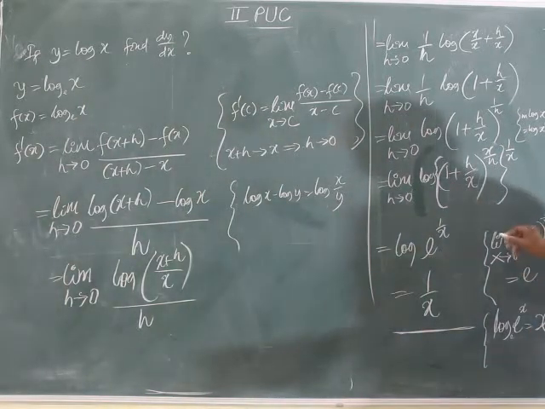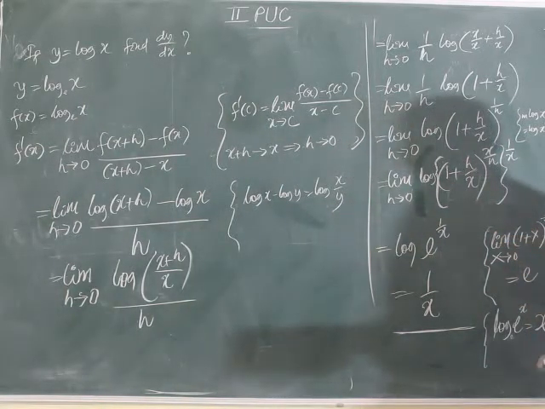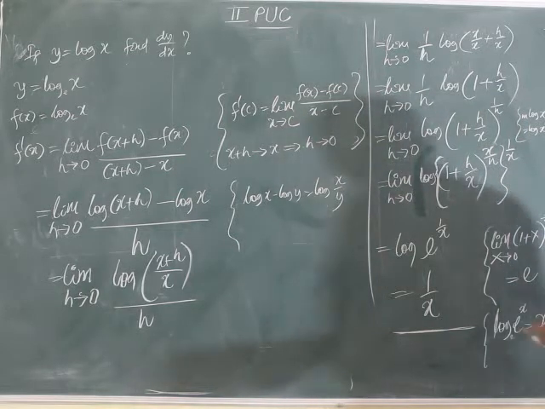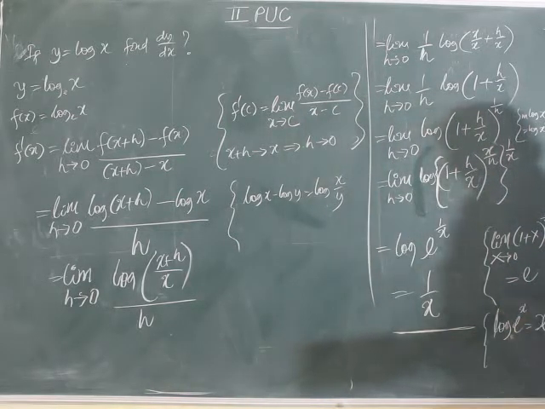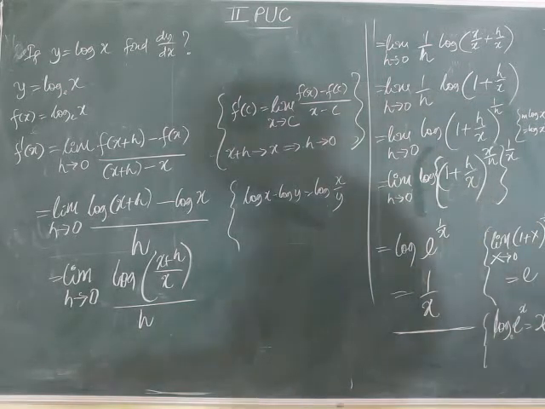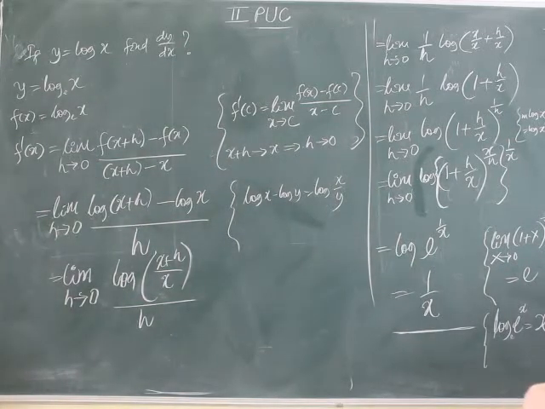Write all the used formulas on the right hand side carefully. Log of e to the power cancels, so x is the answer. e to the power log, there also it cancels, the answer is x, like that. It is there in the sixth property, just go through that.